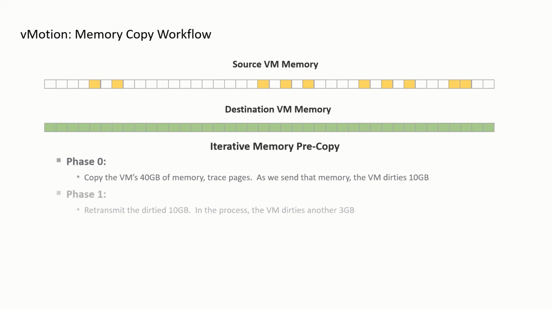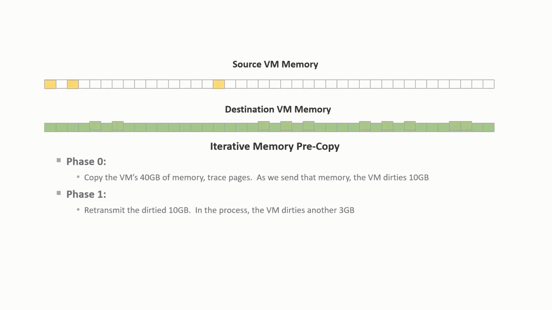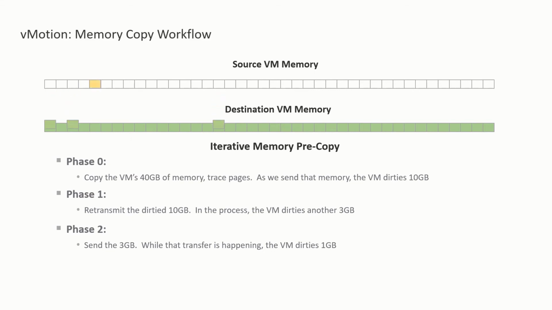In phase 1, the pre-copy retransmits the dirtied 10 GB of pages, and while transmitting these pages, the memory dirties again 3 GB. In phase 2, the process sends the 3 GB. While the transfer is happening, the virtual machine dirties again 1 GB. In phase 3, the process sends the remaining 1 GB.